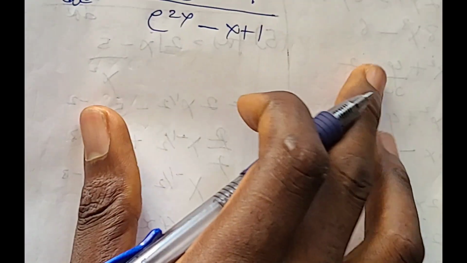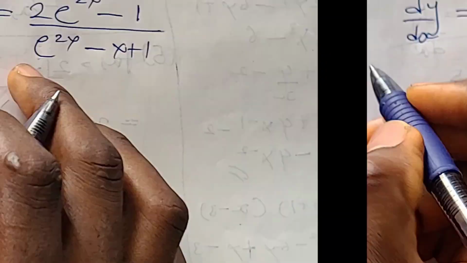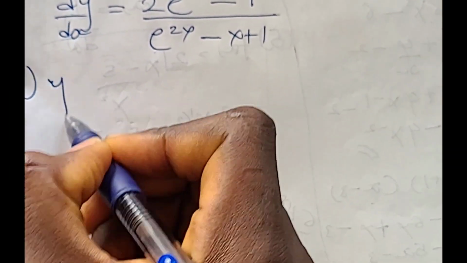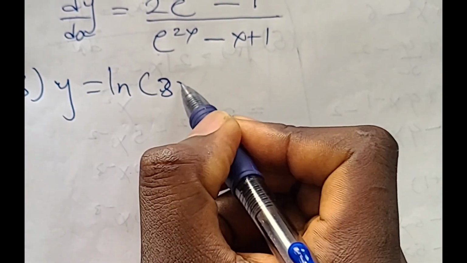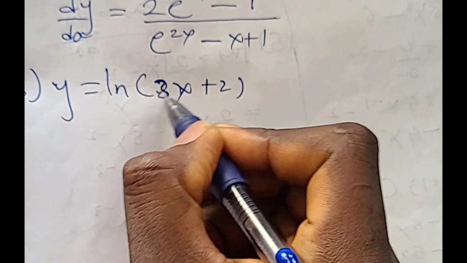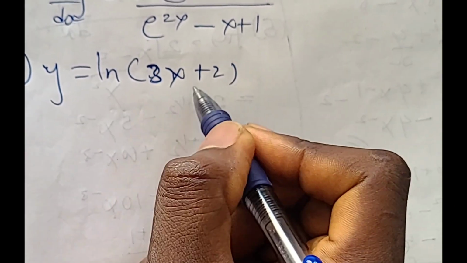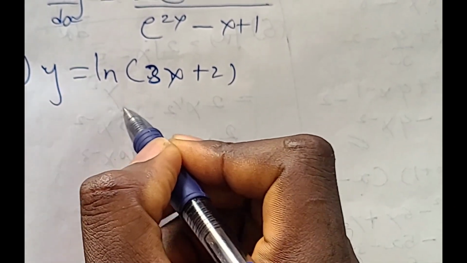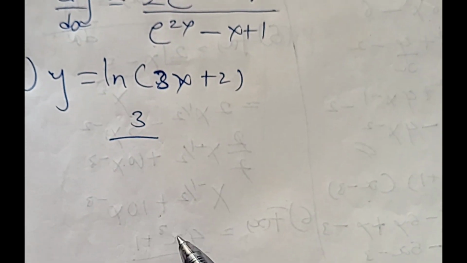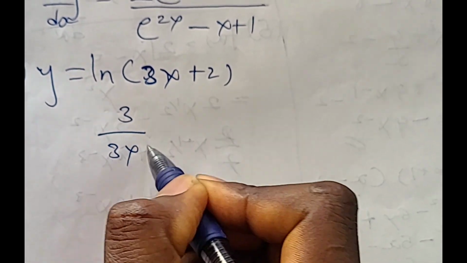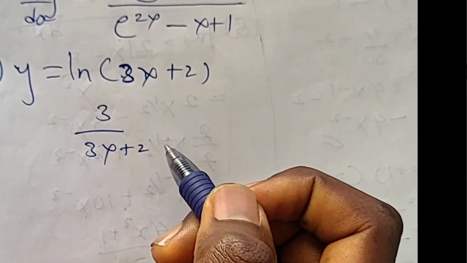So let's move to number 3. Number 3 says y equals ln(3x plus 2). Still the same rule. You differentiate the inside, you have 3, divided by 3x plus 2, because when you differentiate 3x, it will give you 3.